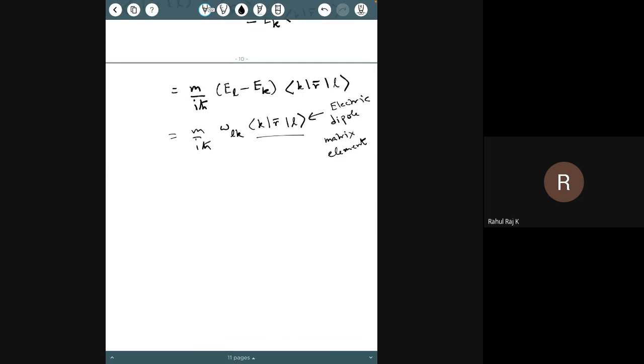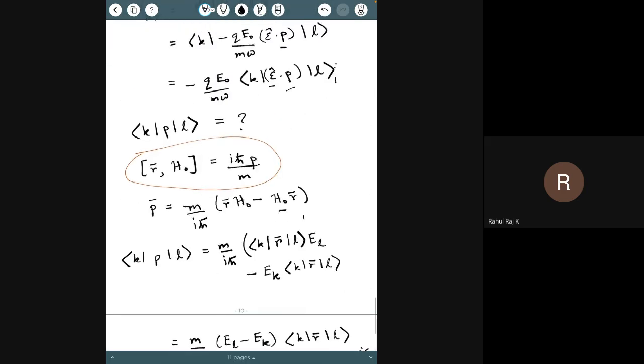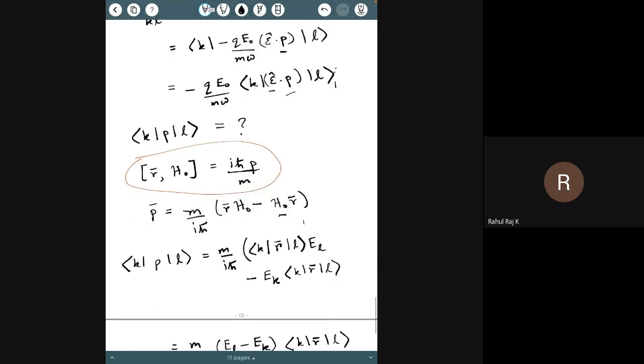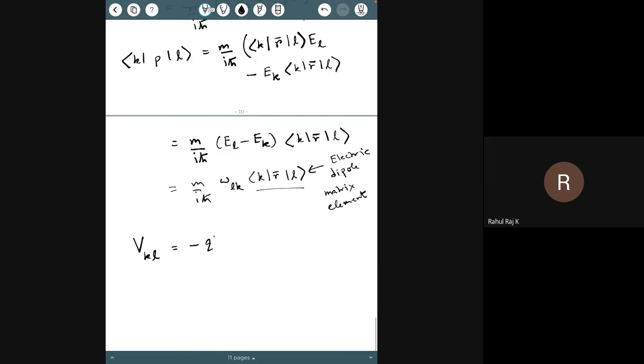Then what? We can summarize this now, that VKL is basically, so V was here, minus QE0 by M omega. Then I have M omega LK by i h cross and KRL.